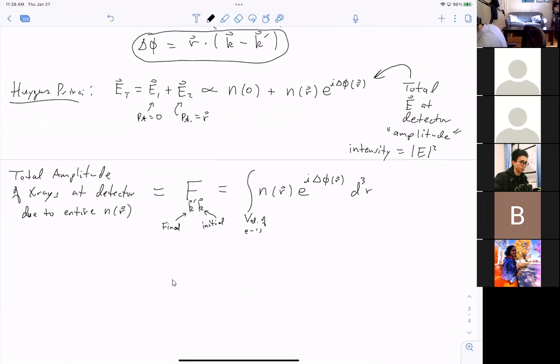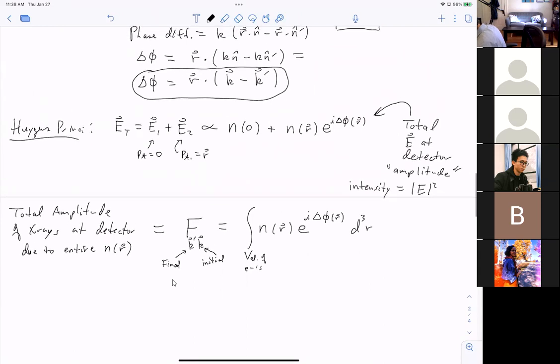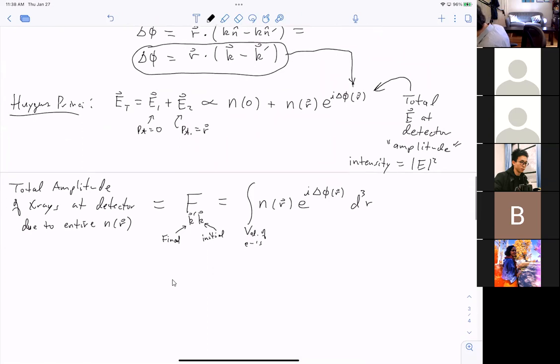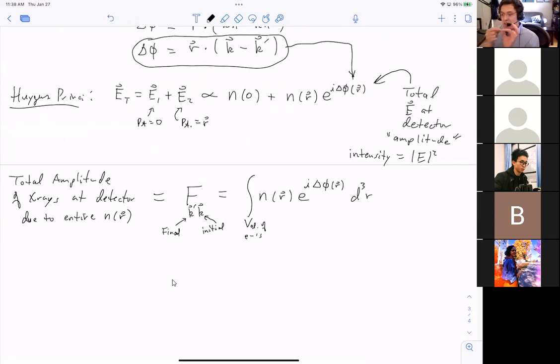But now I can plug in this expression because now I know what this phase difference is. It has this very beautiful, simple little expression for the phase difference that each source of electrons has relative to the origin. That's just our starting point. And this is going to be R dot K minus K prime.